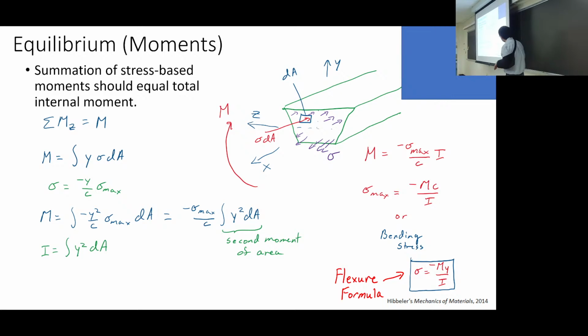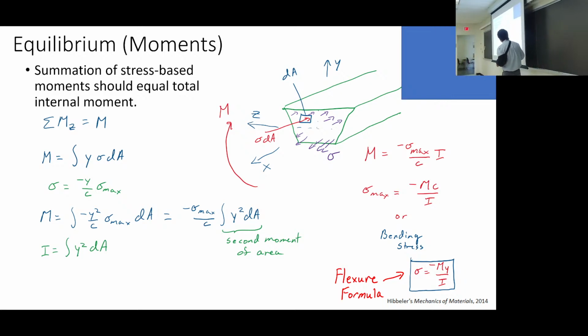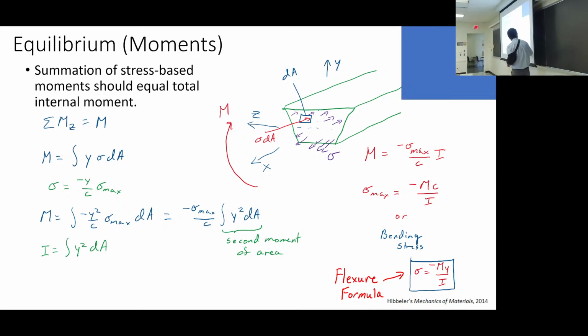Well, if it's a circular cross section, then I is equal to pi over 4 c to the 4. I comes before J. So I is pi over 4 c to the 4, J is pi over 2 c to the 4. It's a very similar equation.